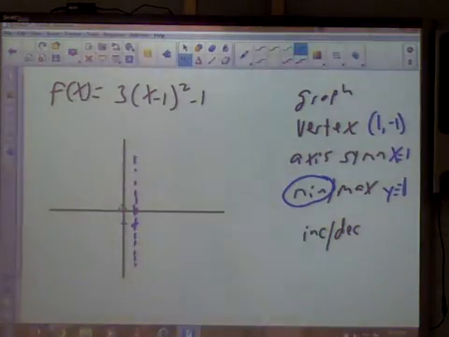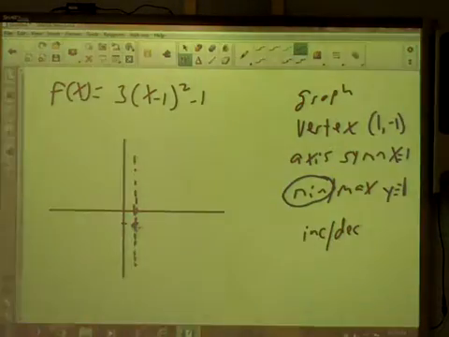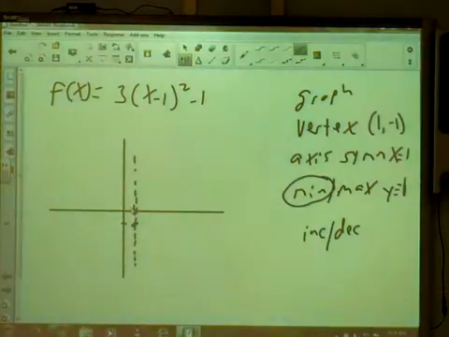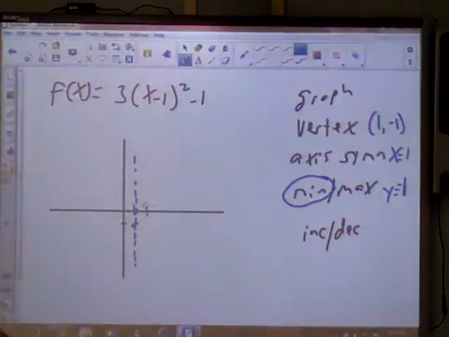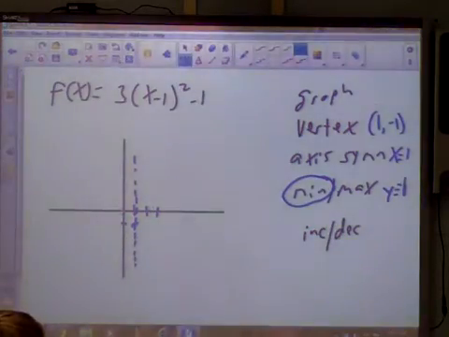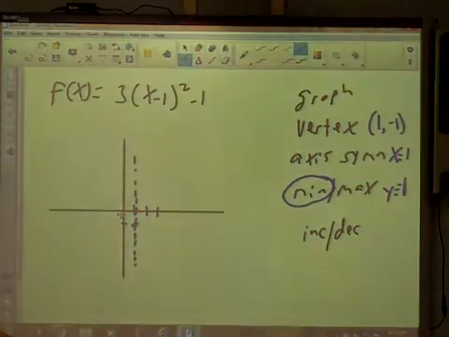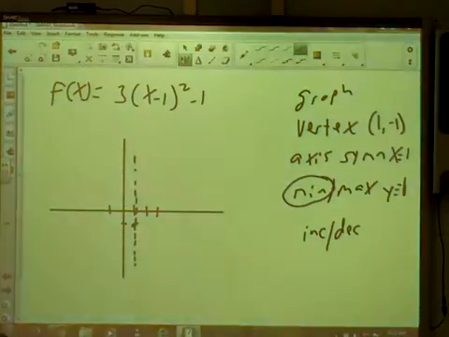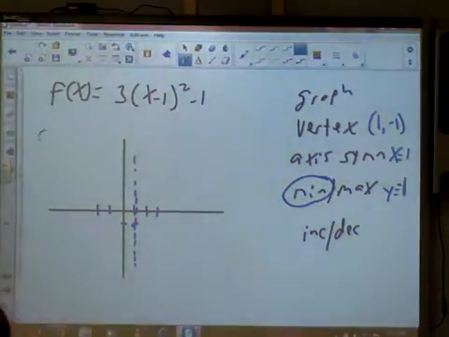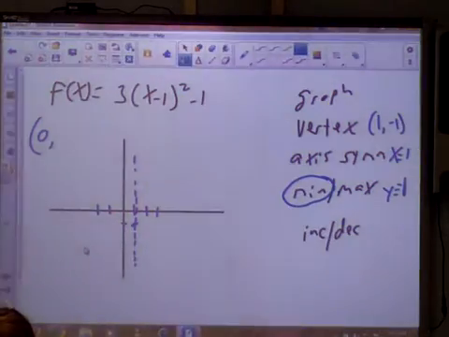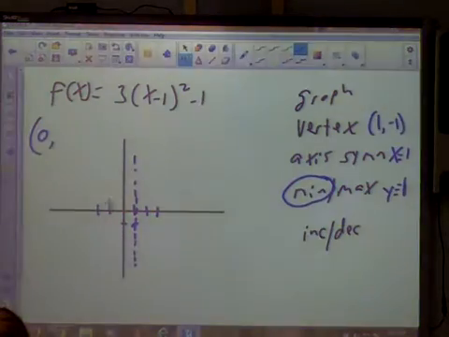To get our other 2 points, we picked an x that was not touching the axis of symmetry. So I could pick a 2, a 3, or a 4 and plug that in, or I could pick a 0, a -1, a -2 and plug that in. My preference, and I talked to y'all about this, is if I can do 0, I do. The zeros are easy to work in my head.